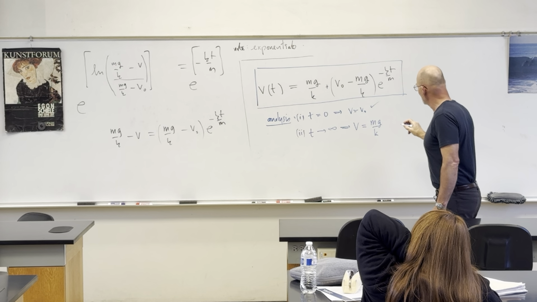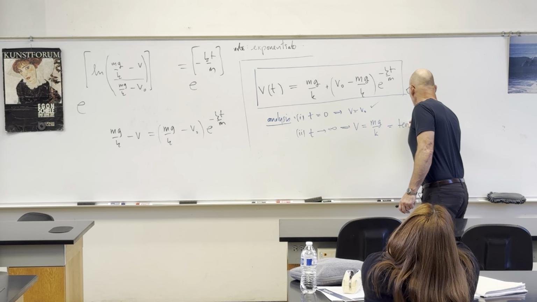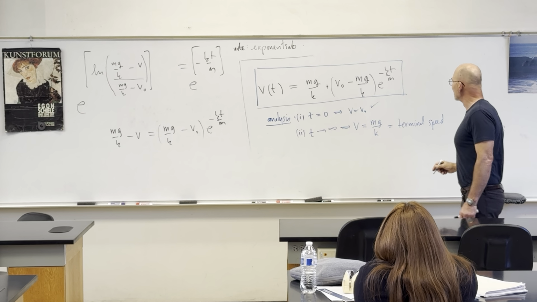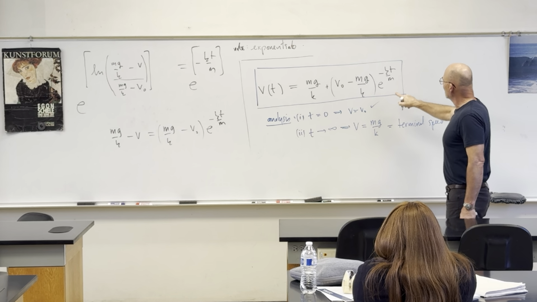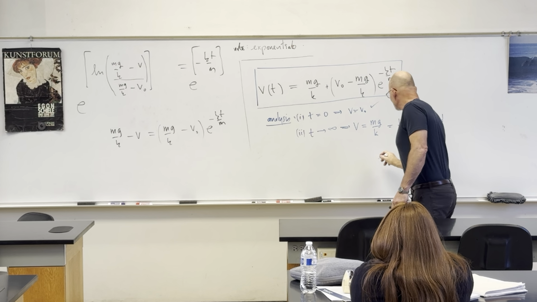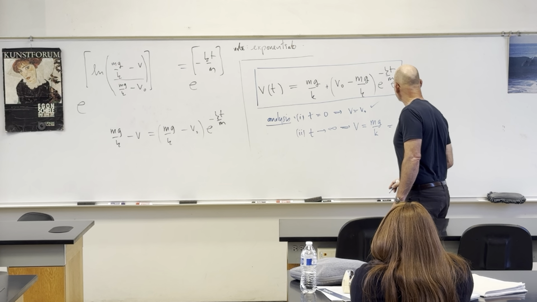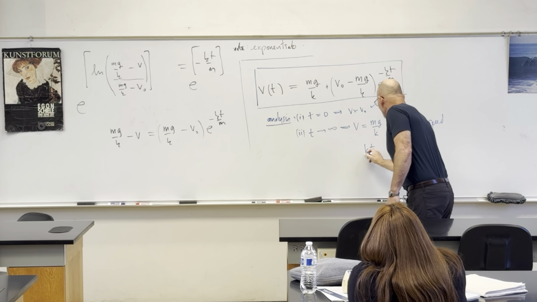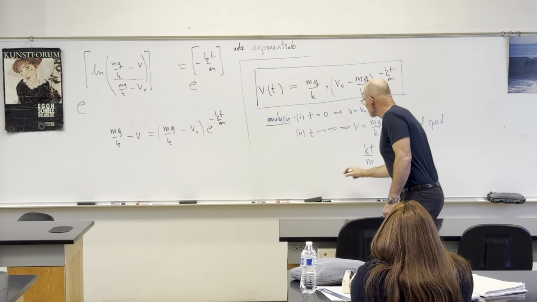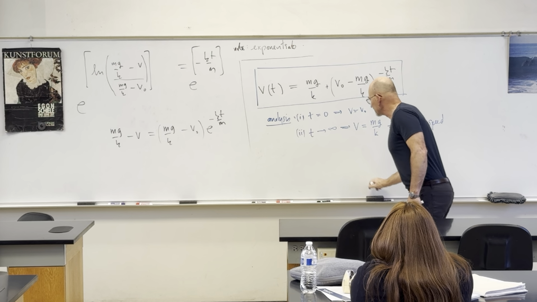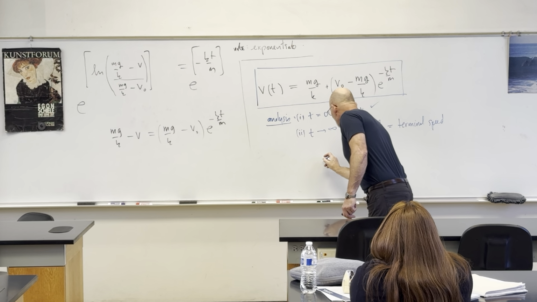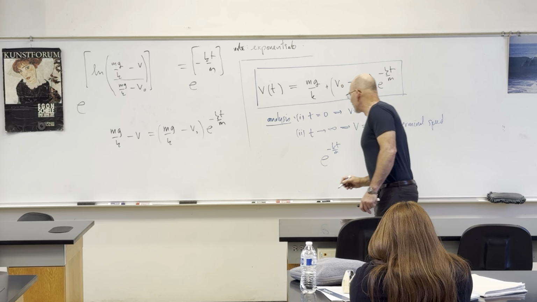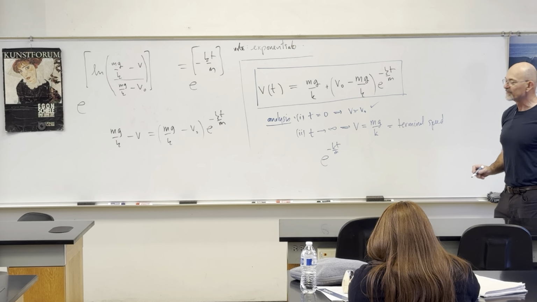It depends on this combination here. So I'm going to put a speed, and what controls that is this kt over m. So let's just study this for a moment: e to the minus kt over m, because there's even a lot of physics in here.